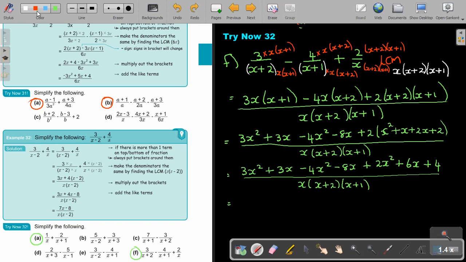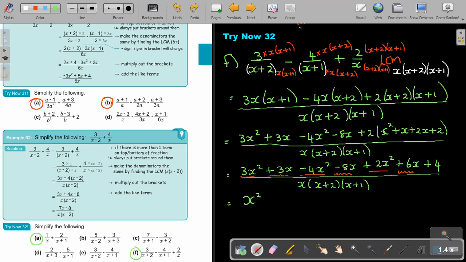So in this case, it's going to be, okay, like terms. So this is 3 minus 4, so it's negative 1 plus 2, so it's just going to be x squared.